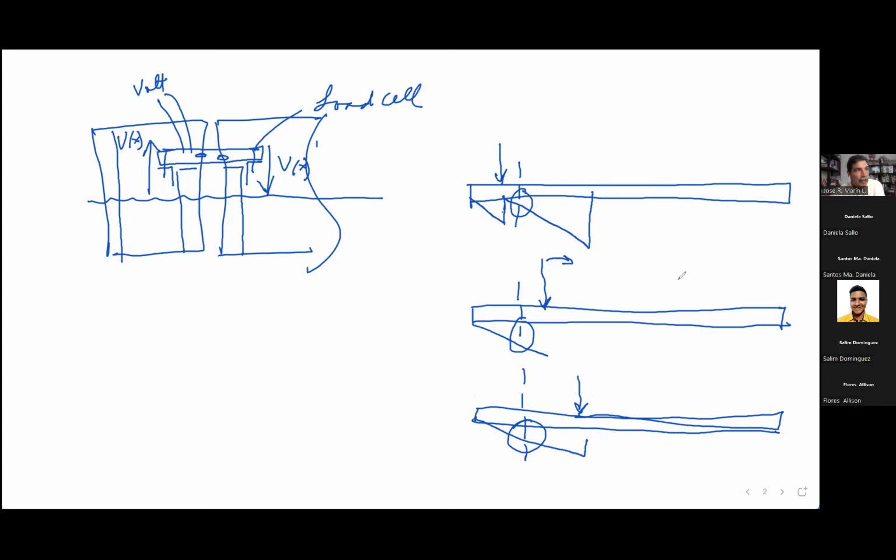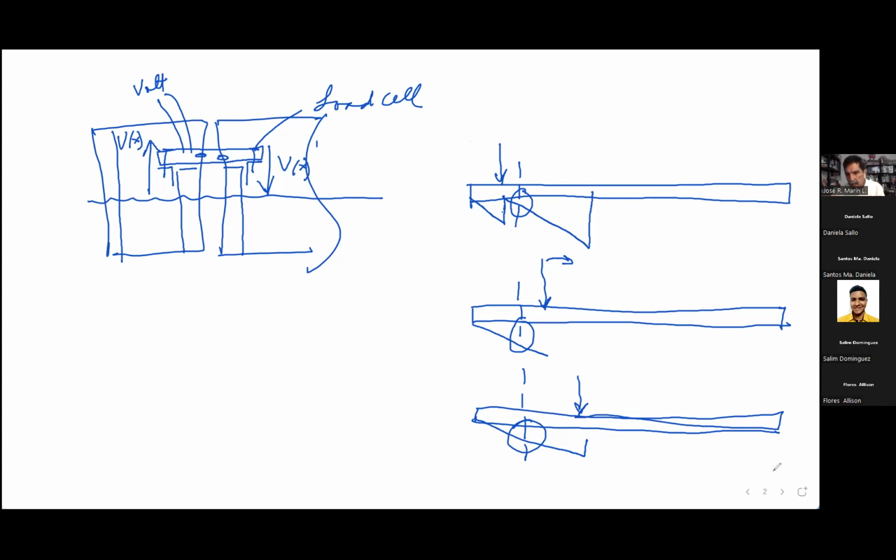Is there any problem so far, people, with what we are going to do? Doctor, I'm sorry. Yeah, go on. What are the arrows for? The arrows are the forces.